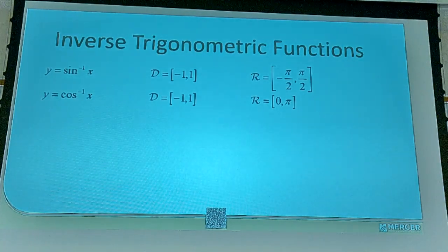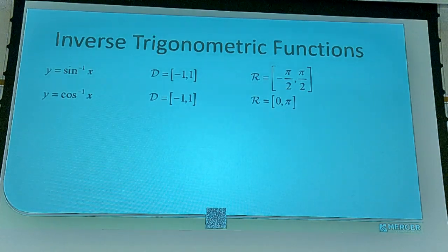Minus pi over 2 to pi over 2 is the right half. What's 0 to pi? The top half. Yeah, it's quadrants 1 and 2. So for the inverse sine, we have the right half. For the inverse cosine, we have the top half.